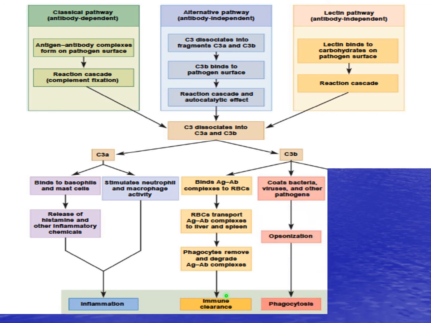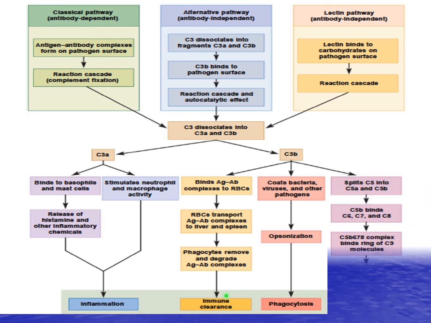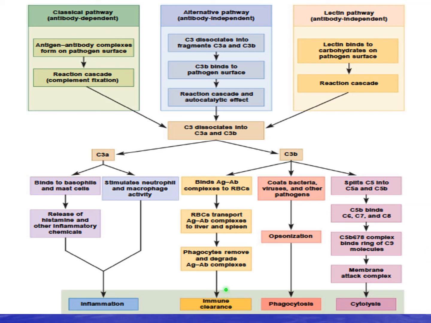It can coat bacteria for phagocytosis by opsonization, and it will split complement 5 into its active form, and along with C6, 7, 8, and 9, this will form the membrane attack complex that will result in cytolysis. So complement actually complements or helps with inflammation.